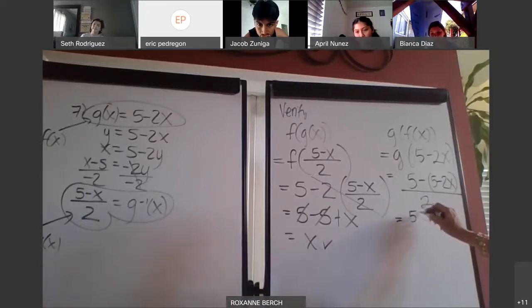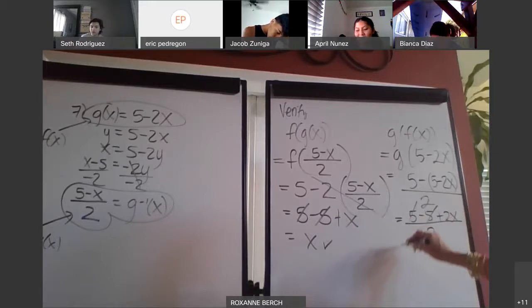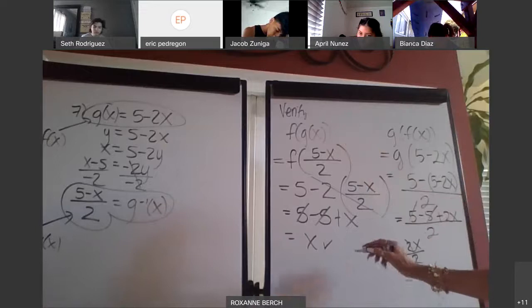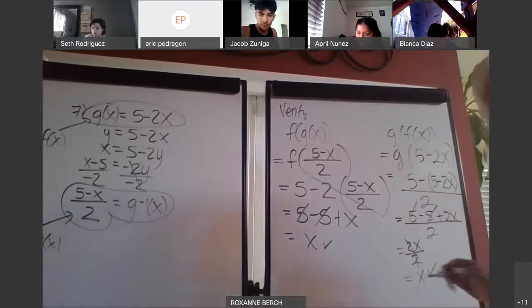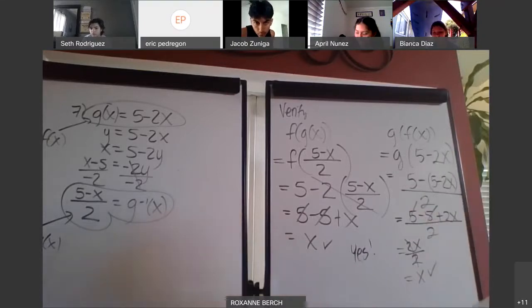So you would say this is 5 minus 5 plus 2x over 2. So you get 2x over 2, which is x. So what we just did is we proved that what we did over there on the left is correct.